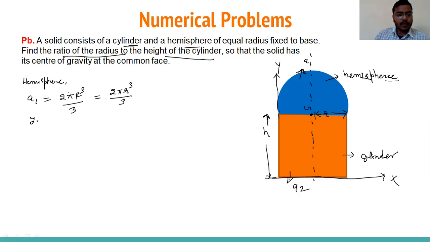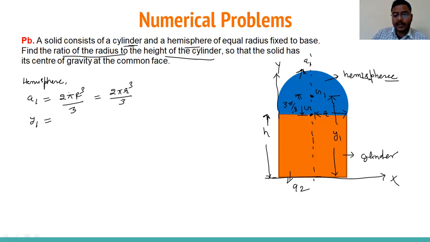Now what is y1? For the hemisphere we know that for this one, G1, the centroid will lie 3r by 8 distance from the base of this hemisphere. But in this case y1 will be the distance from here up to the x-axis.